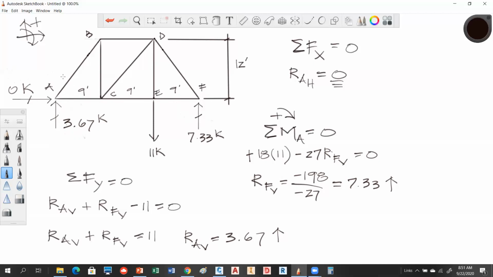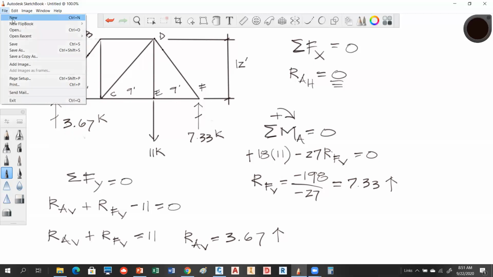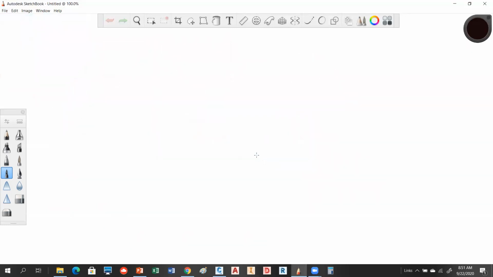Actually, what I should be saying is we're doing the joint at A, okay? So I'm going to clean the screen. I'm going to wipe this out, but you've got to keep in mind what's going on here, okay? So I'm going to go ahead and blow this out, do a new one. All right, I'm going to start my joint. Okay, so I'm going to model my joint. Give me a sec here.